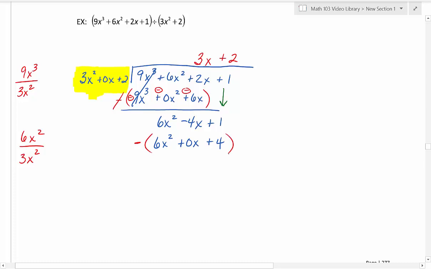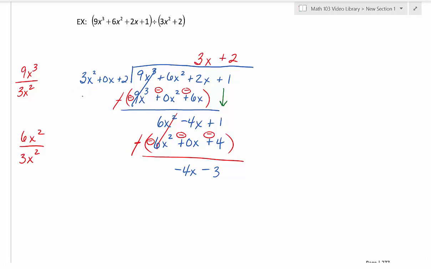We subtract this whole thing. To subtract, we'll distribute in our negative, and then we can combine our like terms. 6x squared minus 6x squared falls out. Negative 4x minus 0x is a negative 4x, and 1 minus 4 is negative 3. Notice that what we have there, that negative 4x minus 3, is a lesser degree than our divisor, 3x squared.